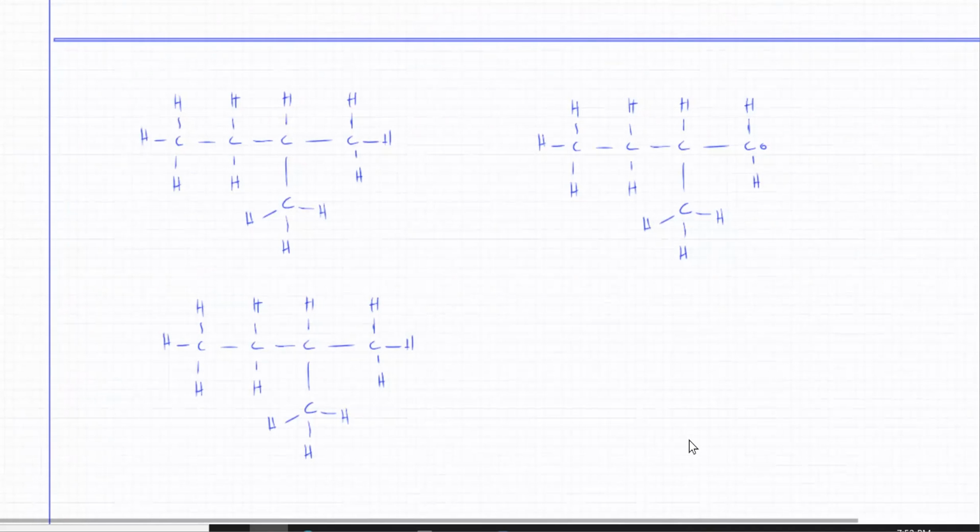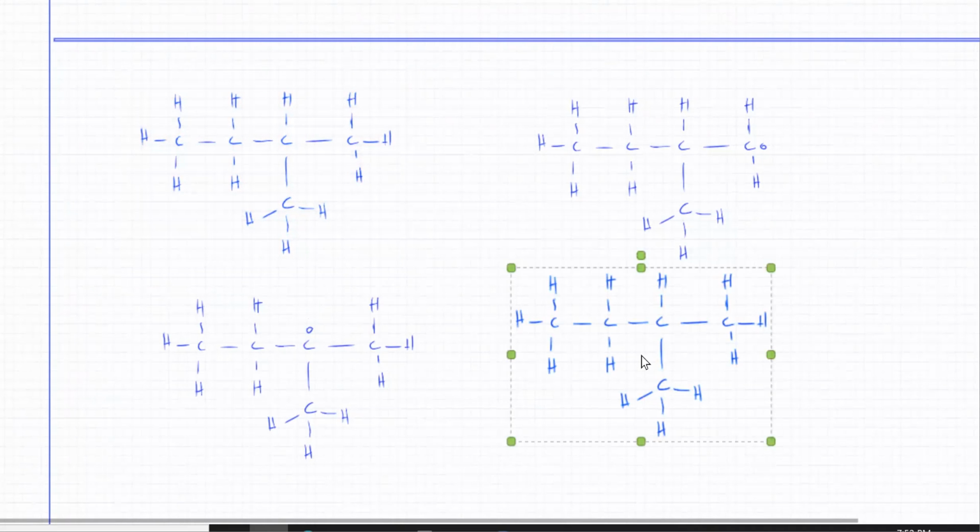The Br attacks it and takes away an H from some other place. Let's say this one, so this carbon over here turns into a free radical. Or the same molecule, Br comes along and steals this hydrogen over here, and this carbon turns into a free radical.